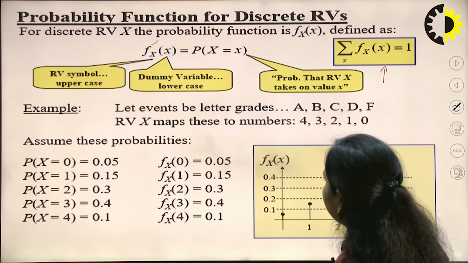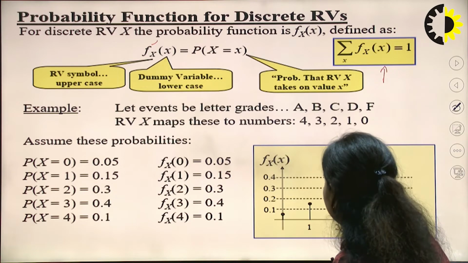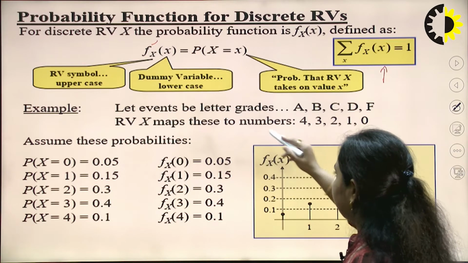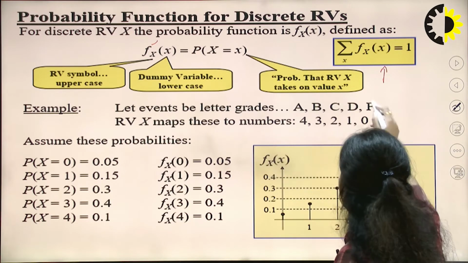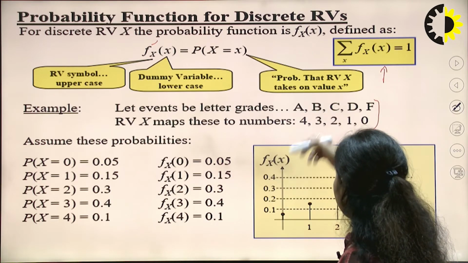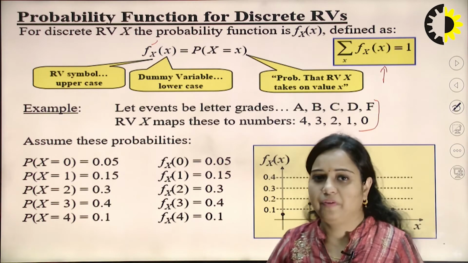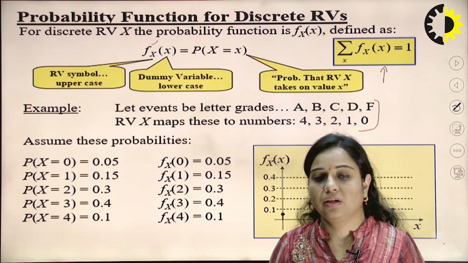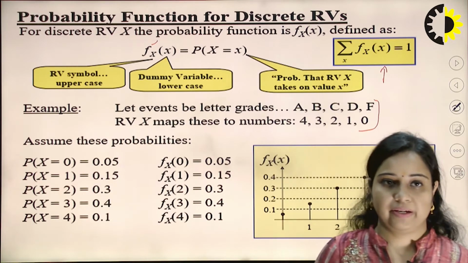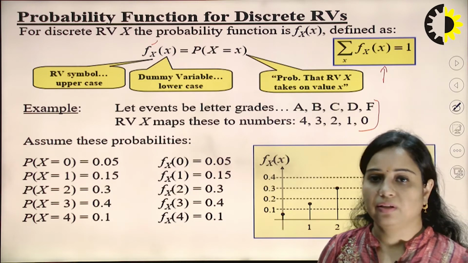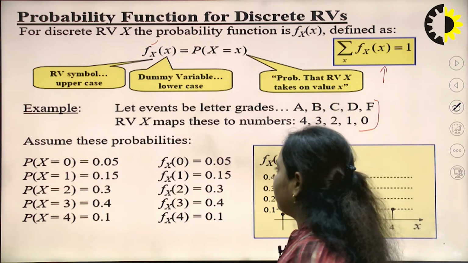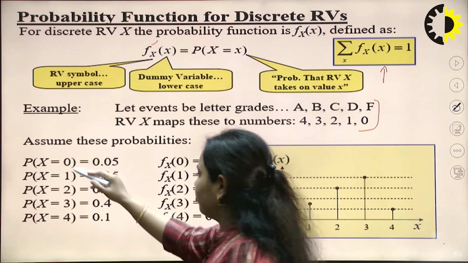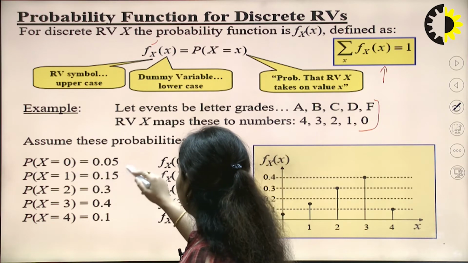So, let event B be letter grades A, B, C, D, and the random variable x maps these to a number. It means if A is there, then that will be mapped to a number, if B is there, then that will be mapped to a number; an event of occurrence of an alphabet is mapped to a number. So, assume these probabilities. For probability of x equal to 0, it will be this one.